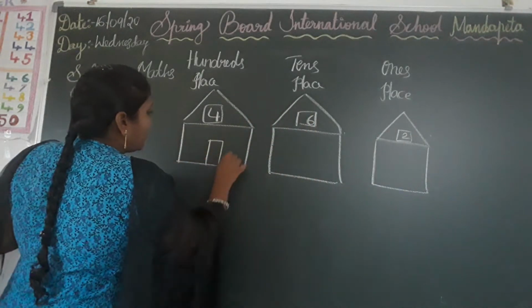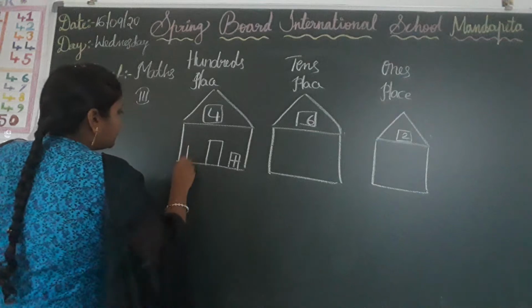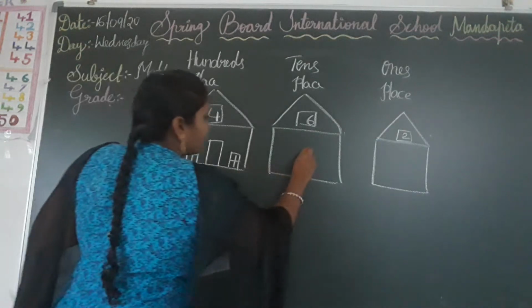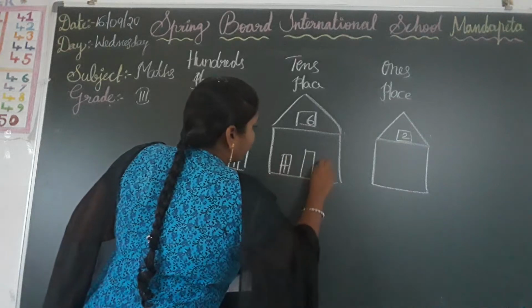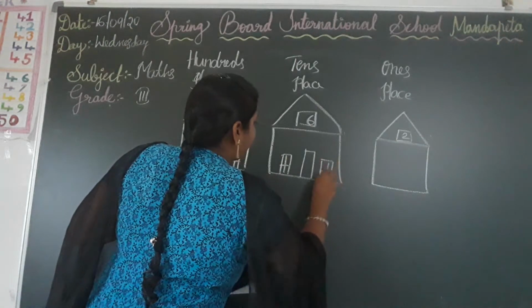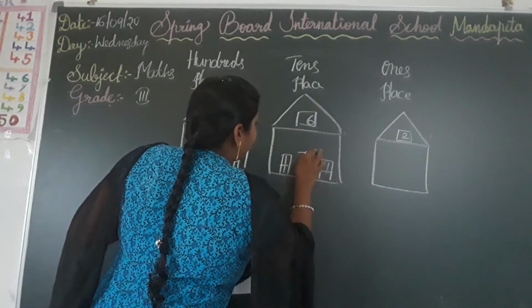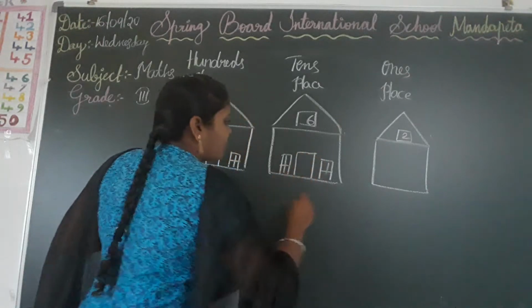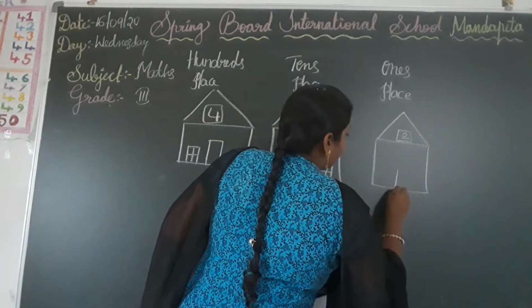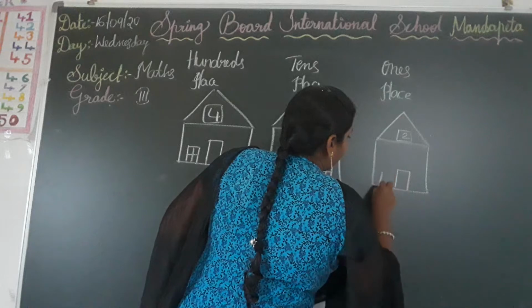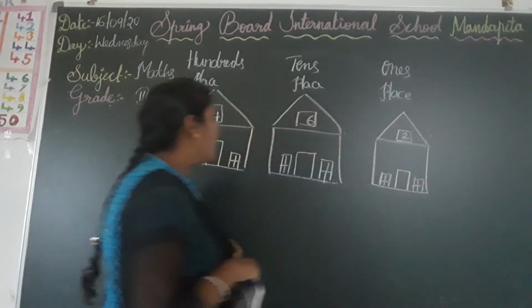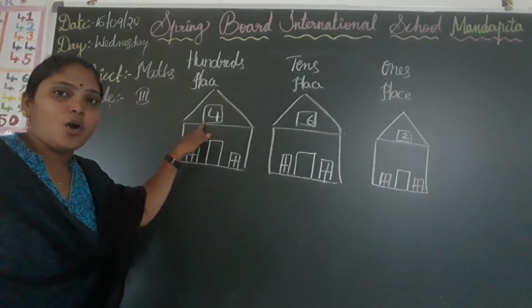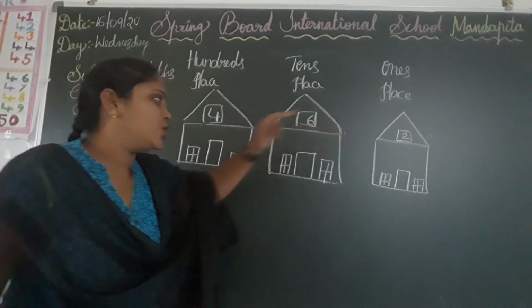So these are houses. Here face values are given on the roof of each house.